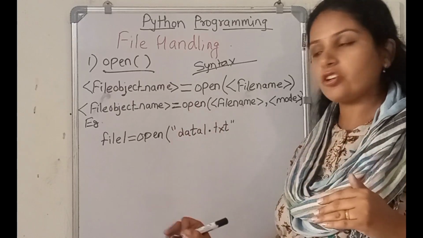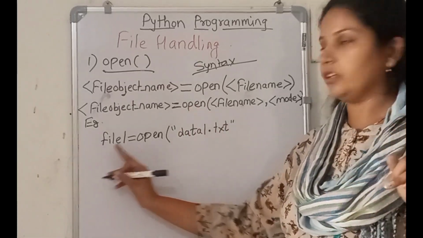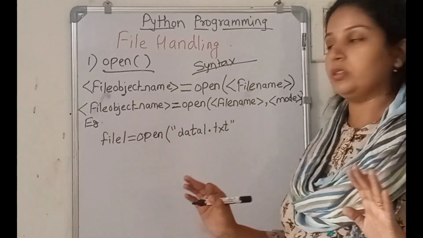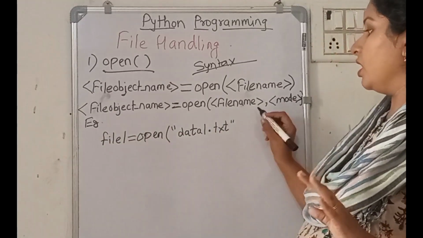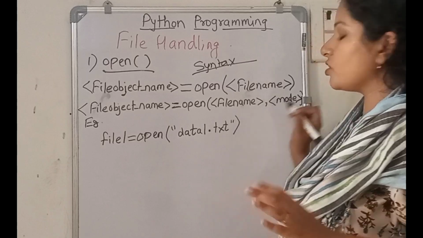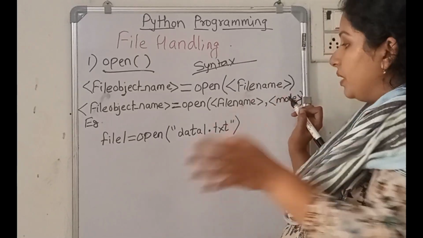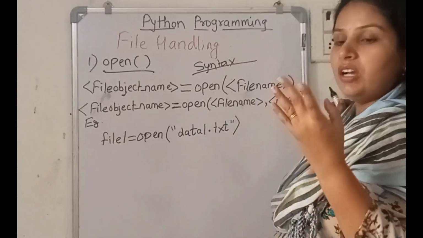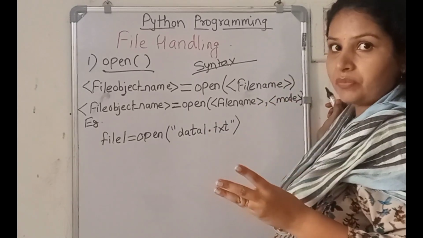And in further instructions, we are using file1 only. We are not accessing data1. We are using file1 only. So data1.txt, now you can just close the bracket, but by default this will be opened in the read mode. There are three modes: read, write and append.